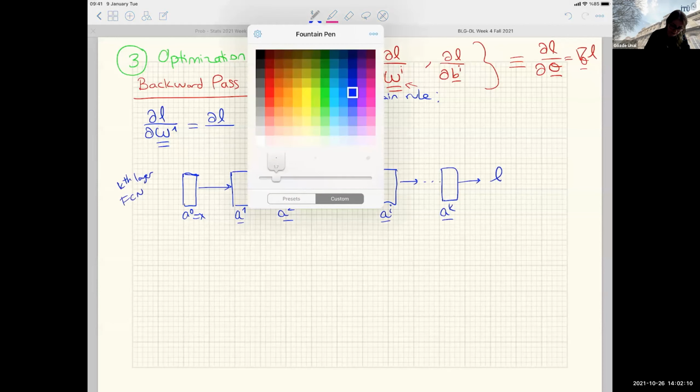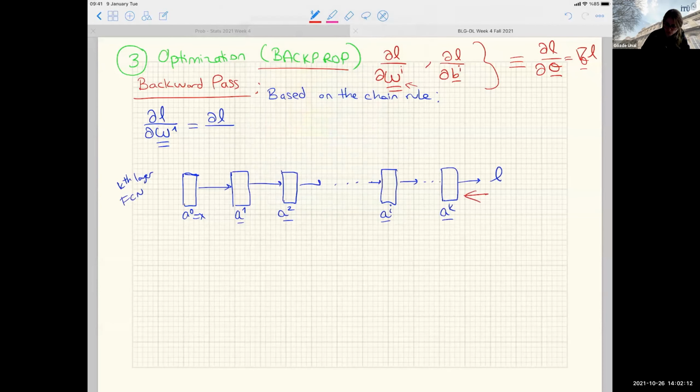Now I'm going back, right? I need to do del L by del AK with respect to, for instance, these guys. We will name these my upstream gradients. So we will be now seeing how this is managed. We have to go back because, remember, the important thing is taking derivatives of, let's say, just the weights with respect to these guys.